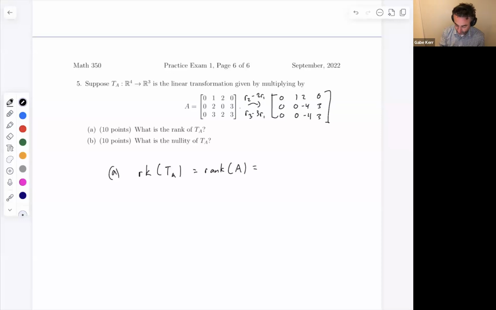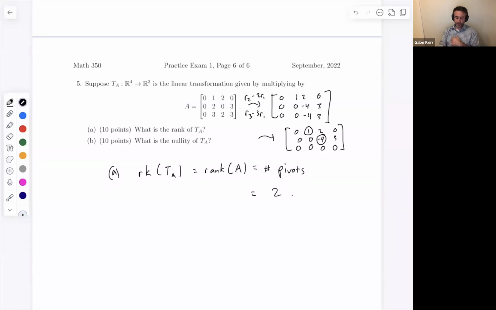You can see that these two rows are the same, so just subtract one from the other and we get a row echelon form. Not reduced, but nobody minds. And we see that we have two pivots. So the rank equals the number of pivots, which is equal to 2.